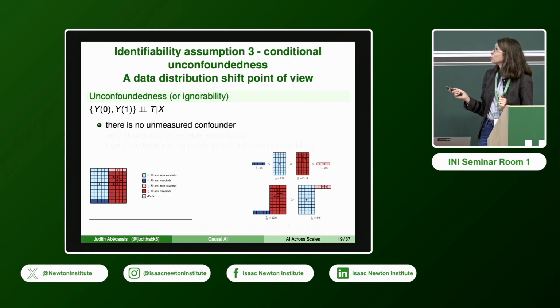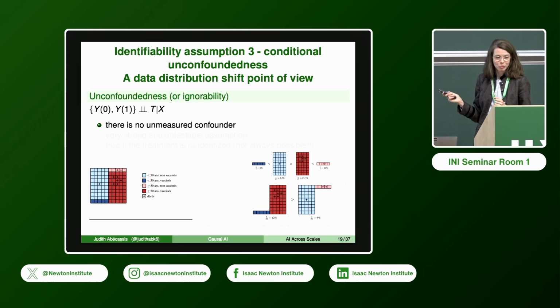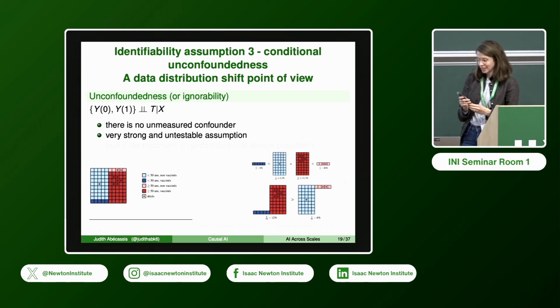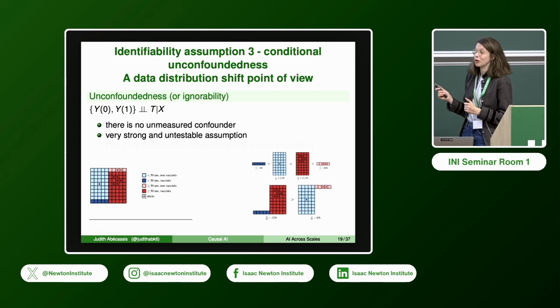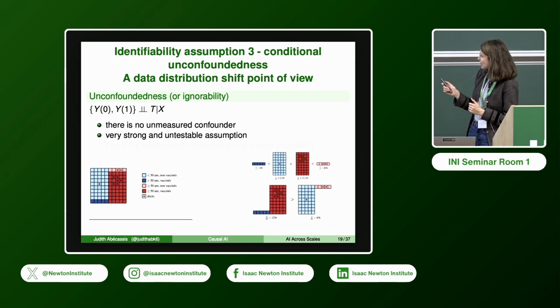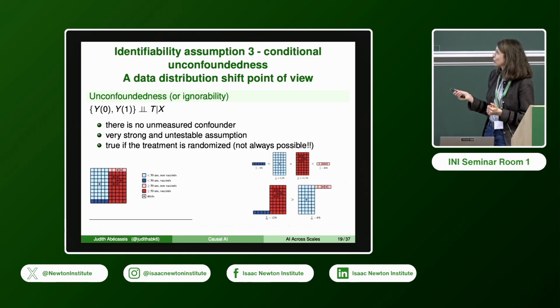There are no unmeasured confounders. There can be some factors influencing both the treatment and the potential outcome, but we should measure them and adjust for them. The big problem with this is that it's untestable. So we will go back to how we make it plausible. Of course it's true if the treatment is randomized, but it's not always the case.